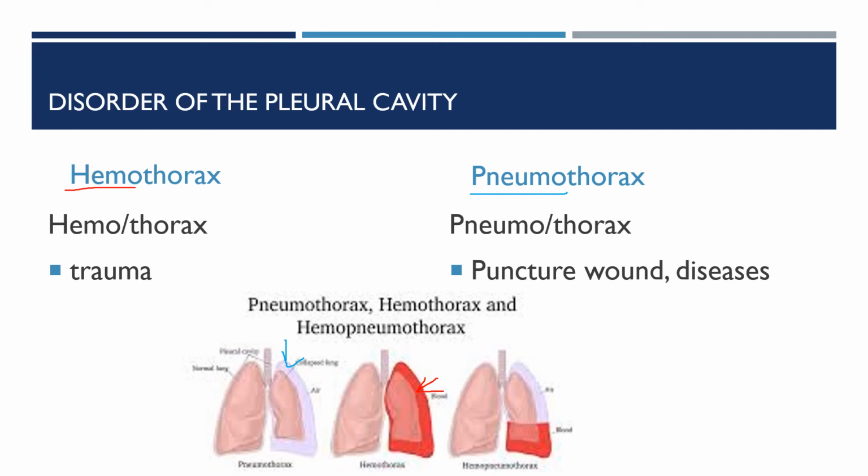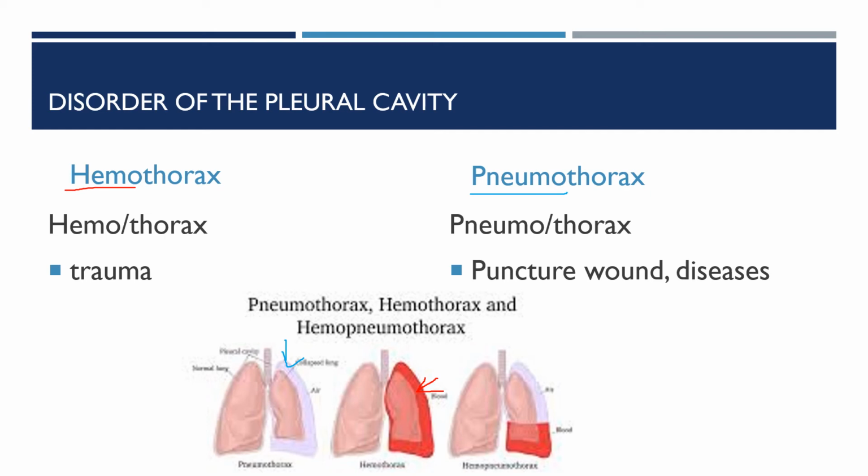They have extreme difficulty breathing. When they go to the doc, they do an x-ray and we see that they have air in here. So we do a procedure to get out whatever is in there. If it's a pneumothorax, we put in a chest tube and we allow the air to come out. If it's a hemothorax, we put in a chest tube allowing the blood to come out.